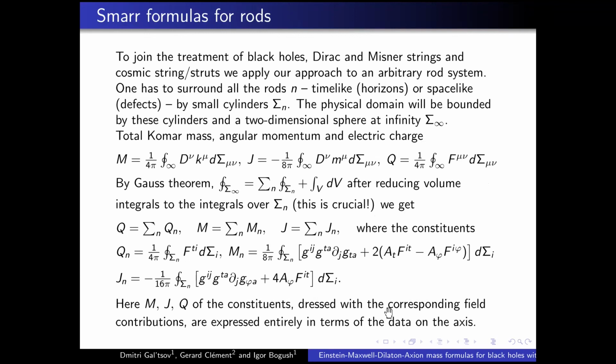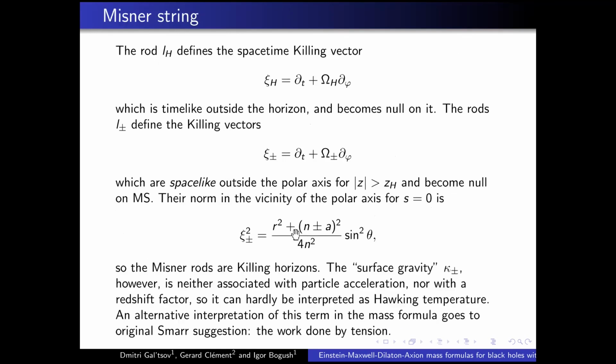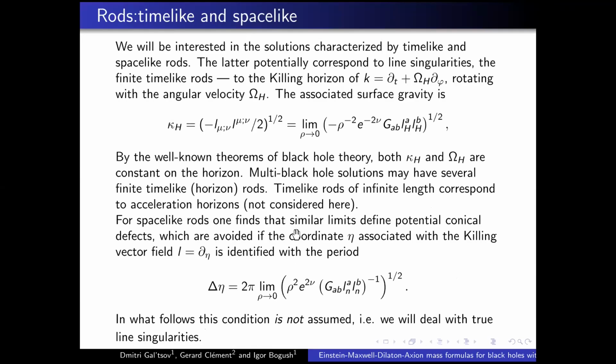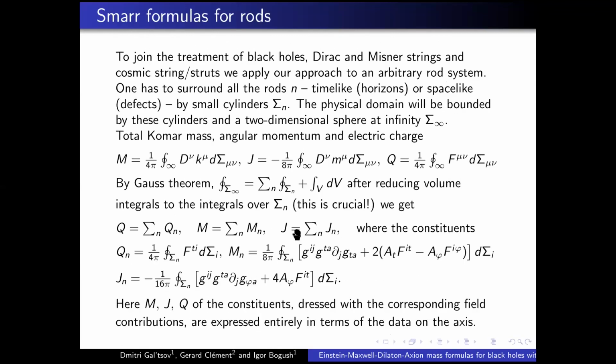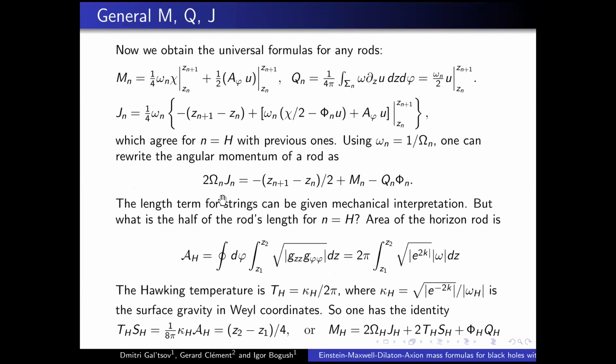No, it is just what we would like to prove, or to see what happens for each rod, which includes all horizons of black holes. You obtain this relation between the rotation, mass of this rod, electric charge, and the length of the rod.